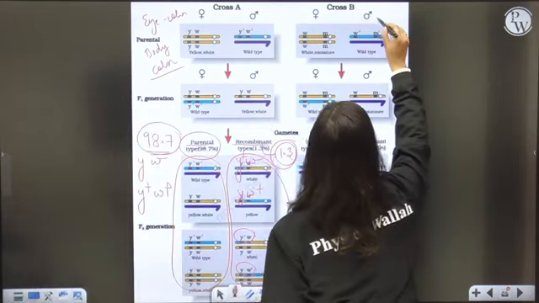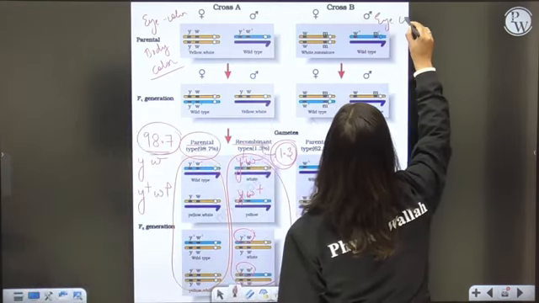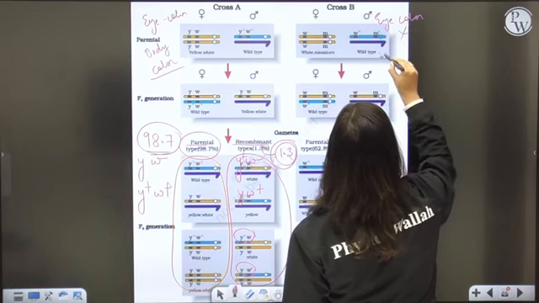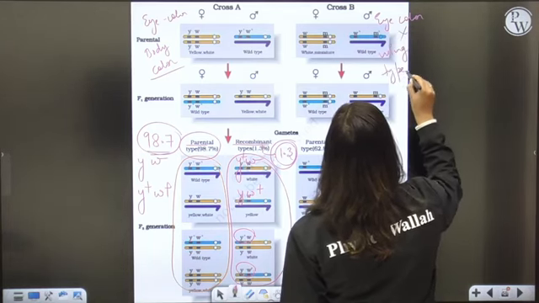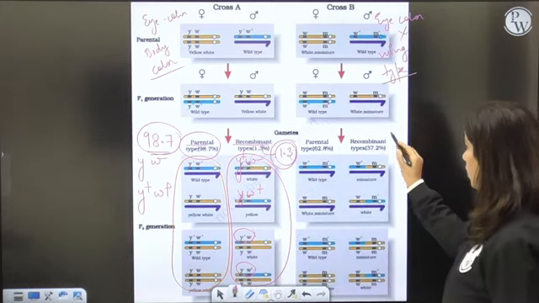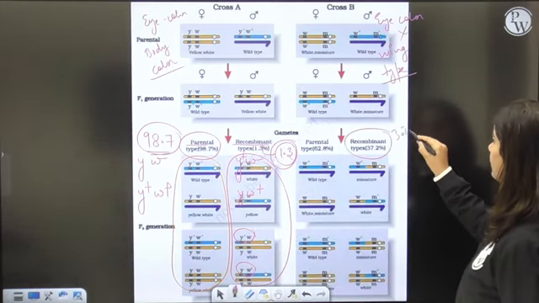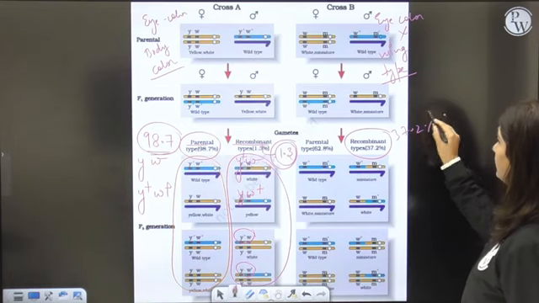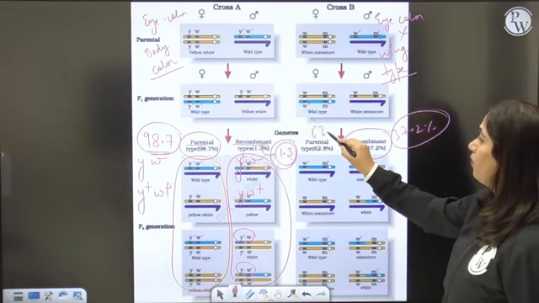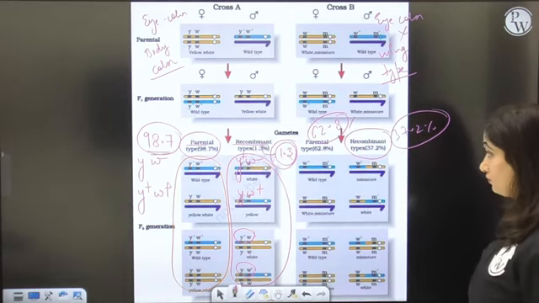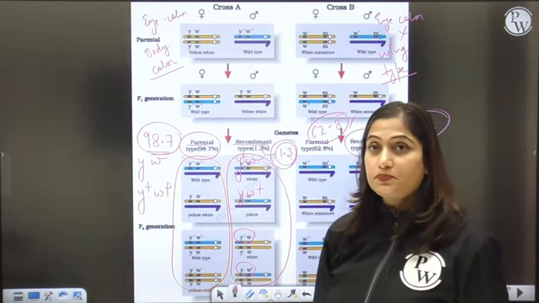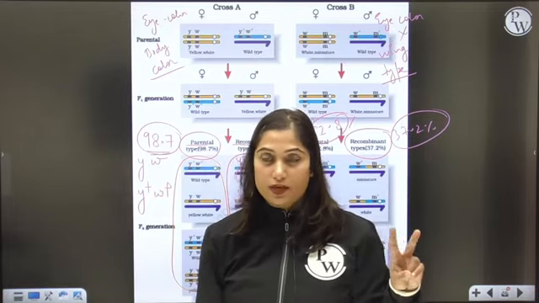But when he took the eye color gene and wing type gene, then the recombinants were 37.2% and the parental combinations were 62%. Getting the point?